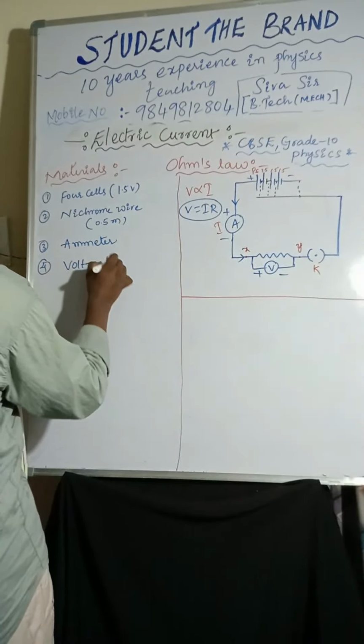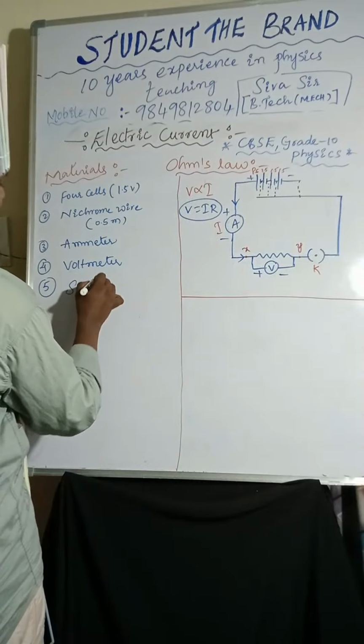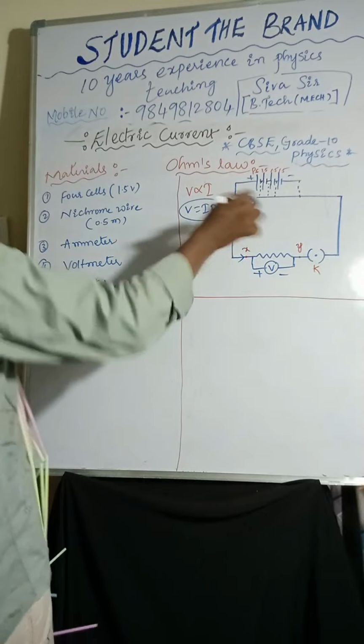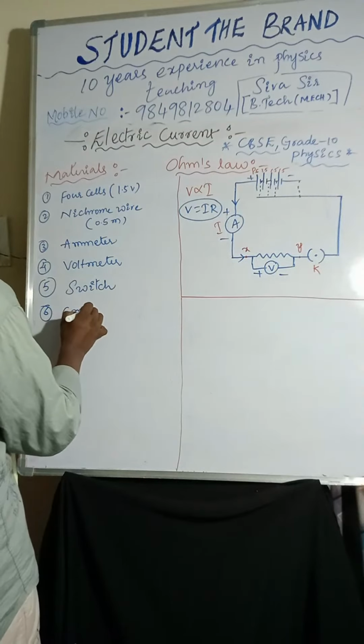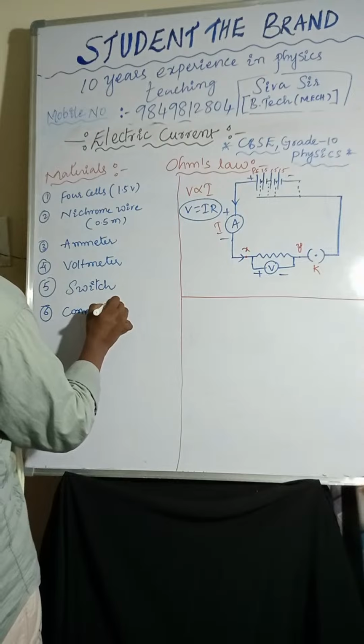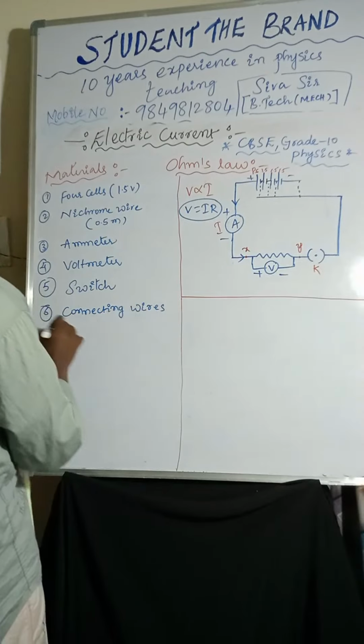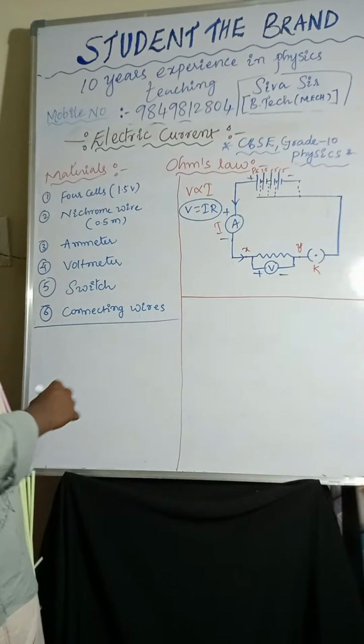Fifth, switch or key. Sixth, connecting wires. So these are the materials required.